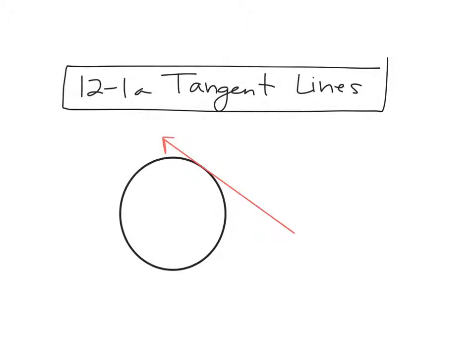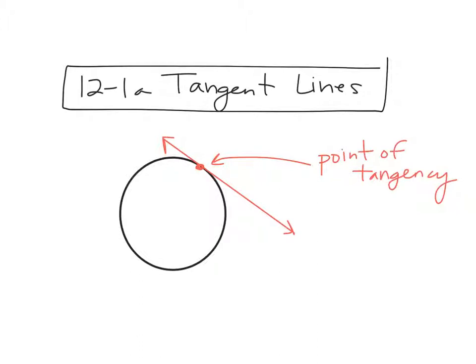Better. Okay, so it'll look something like this. We would say the point where it hits the circle, right here, is called your point of tangency. Okay, and if it's going to be tangent, it can only go through one point. You with me? Yeah.